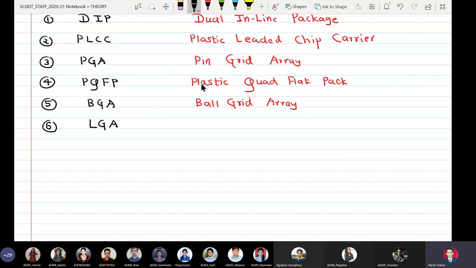LGA stands for land grid array. So the latest microprocessors from both Intel and AMD use this package, land grid array, and this package has a capacity to hold more than 2000 pins in a quad format, that is 500 pins on one side of the IC.